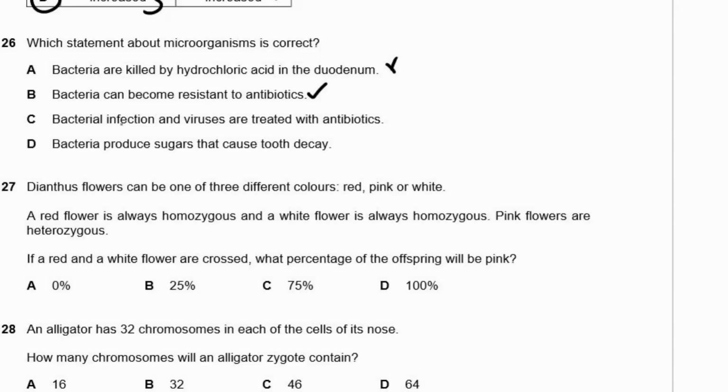Well, bacterial infections are, but not viruses. Antibiotics are useless on viruses. And bacteria produce sugars that cause tooth decay. No, bacteria eat sugars and then they produce either lactic acid or carbon dioxide that are acidic and cause the tooth decay. So no, the answer is B.